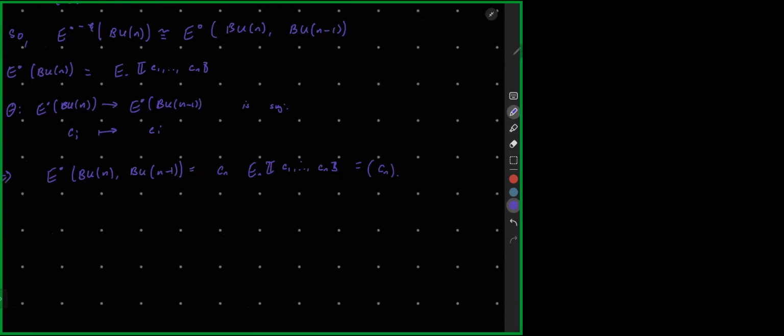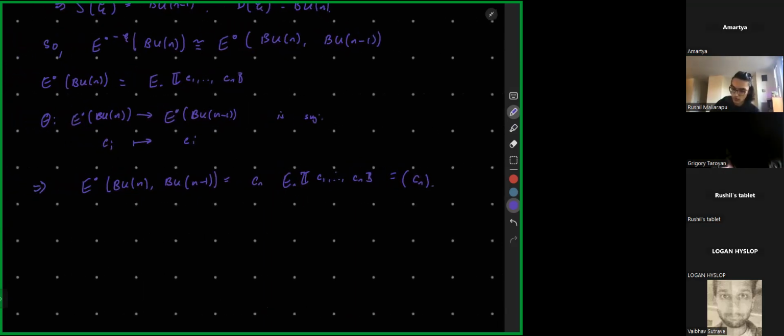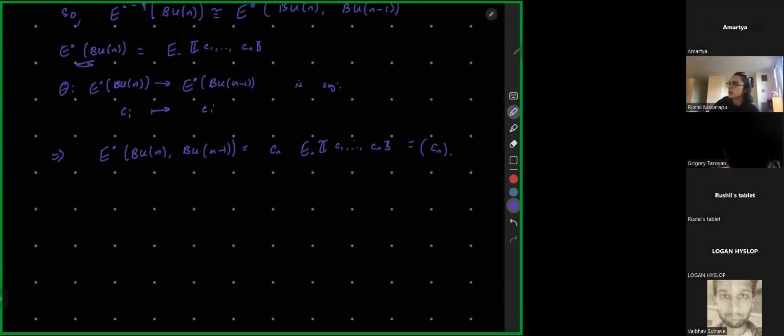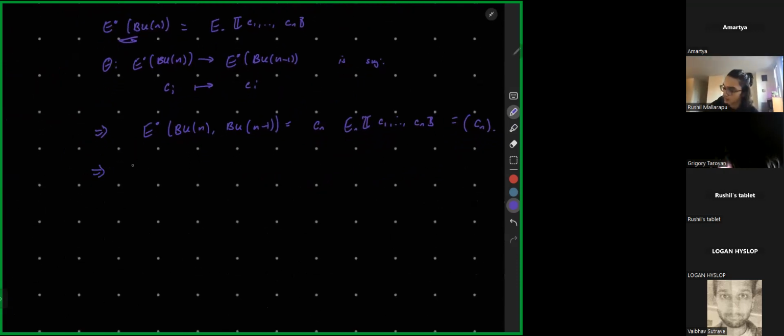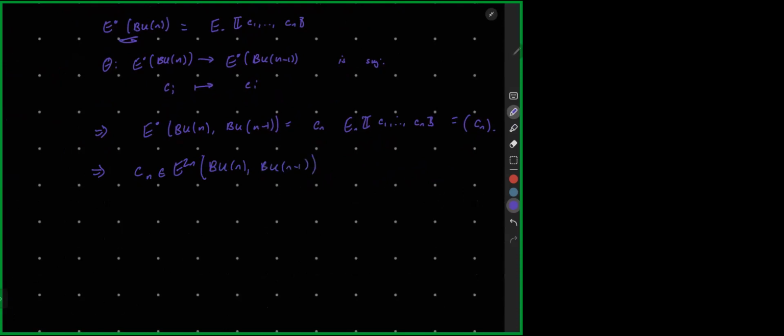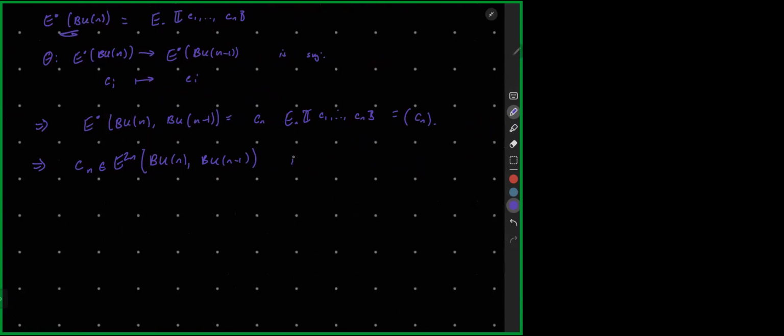So maybe that's clear. So because this is free over this group over here, that implies that the class c_n living in E^(2n) of BU(n), relative to BU(n-1), is a Thom class.